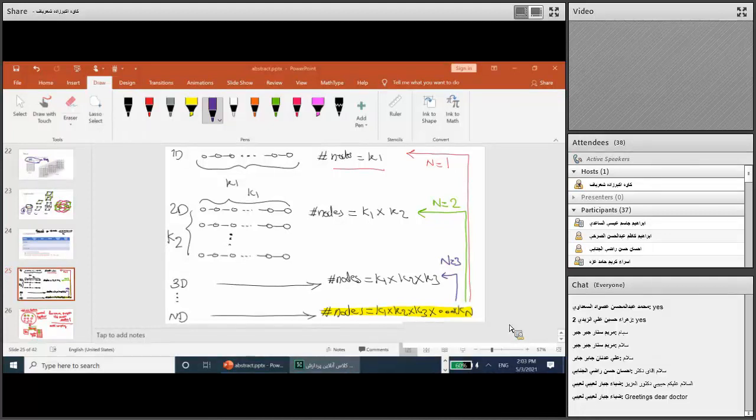Okay, any question? Can you understand the concept about the general case or general solution? Any question?